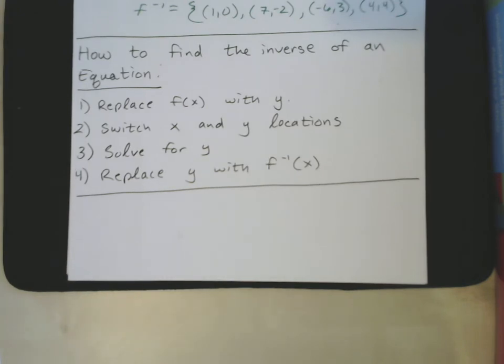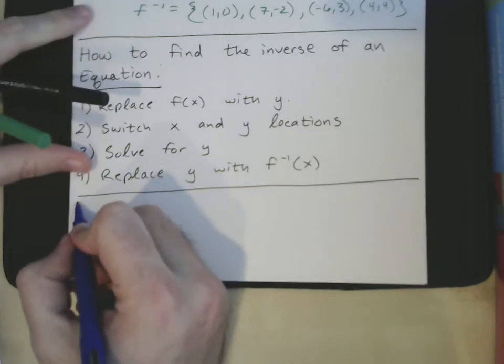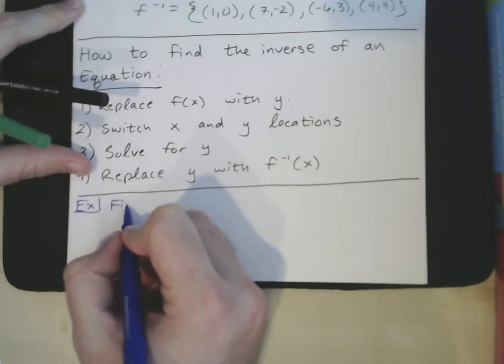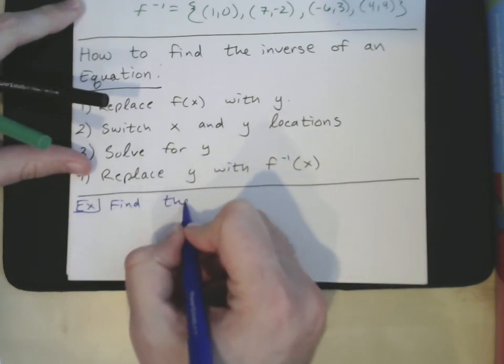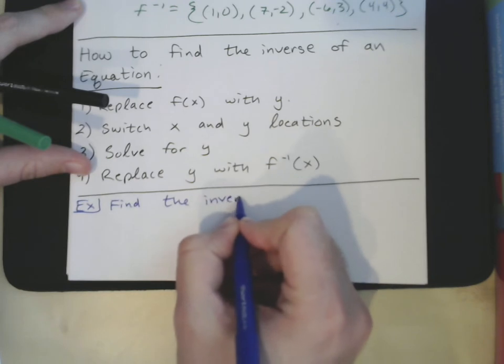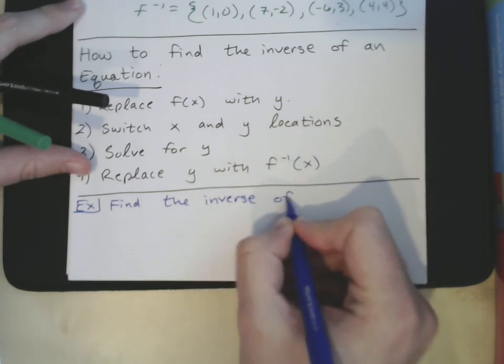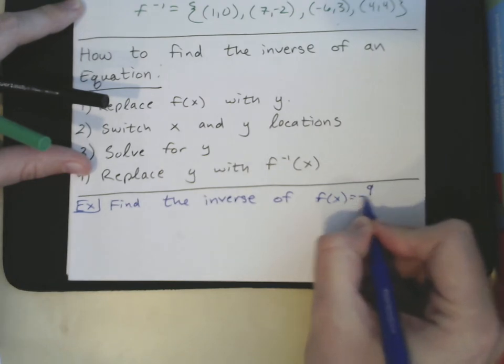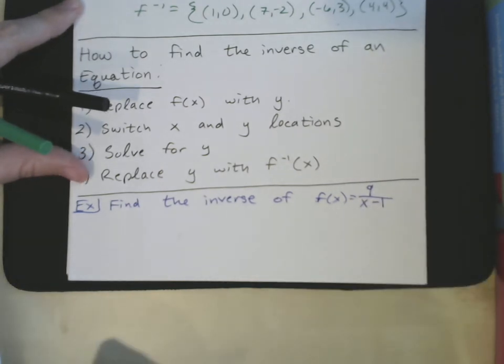So let's try this out on a couple functions. So we're going to find the inverse of f of x equals 9 over x minus 1.